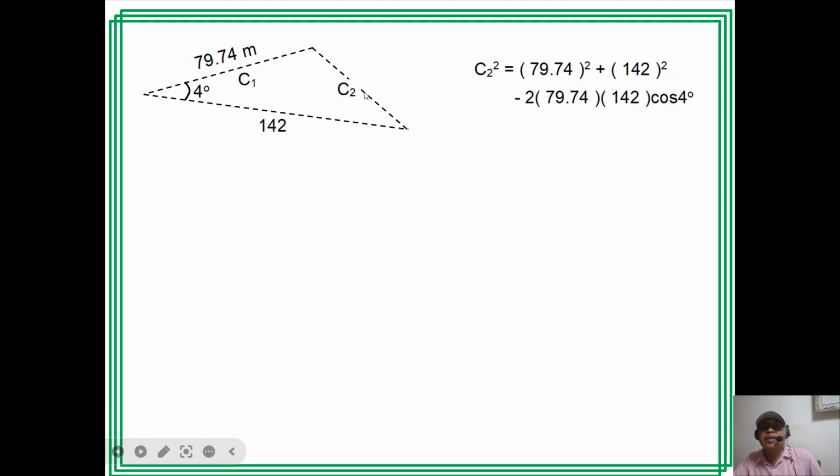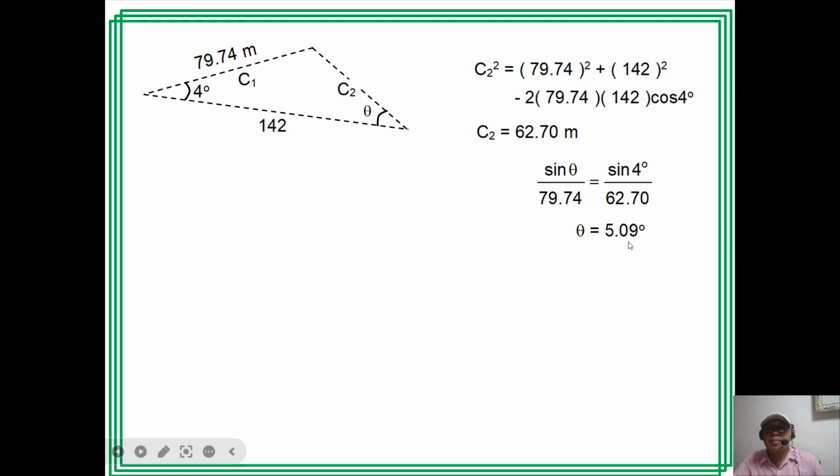C2 squared, 79.74 squared plus 142 squared minus twice their product, cosine of 4. So, C2 is 62.7. I can solve also the angle theta here by sine law, no? Using this triangle again. So, sine theta over 79.74 equal to sine 4 over C2. Theta is 5.09.